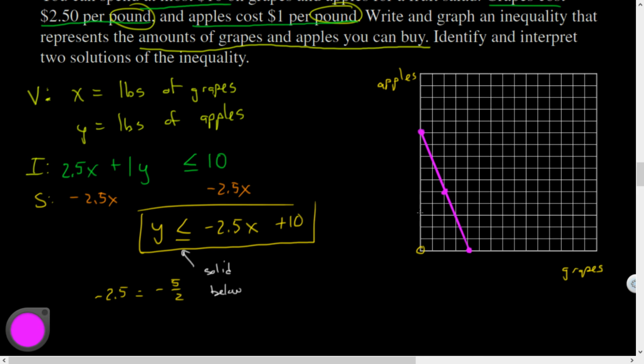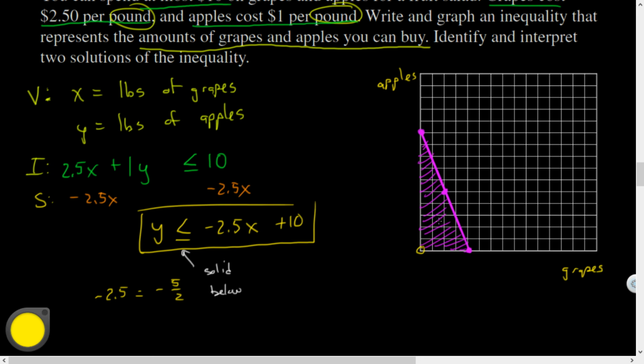So my solutions actually won't include any negative values for that. That's one of the reasons why I'm working in just the first quadrant here. But my solutions are everything in this triangle. I can't have a negative pound of apples or grapes, right? That's just weird. So here's my possible solutions.